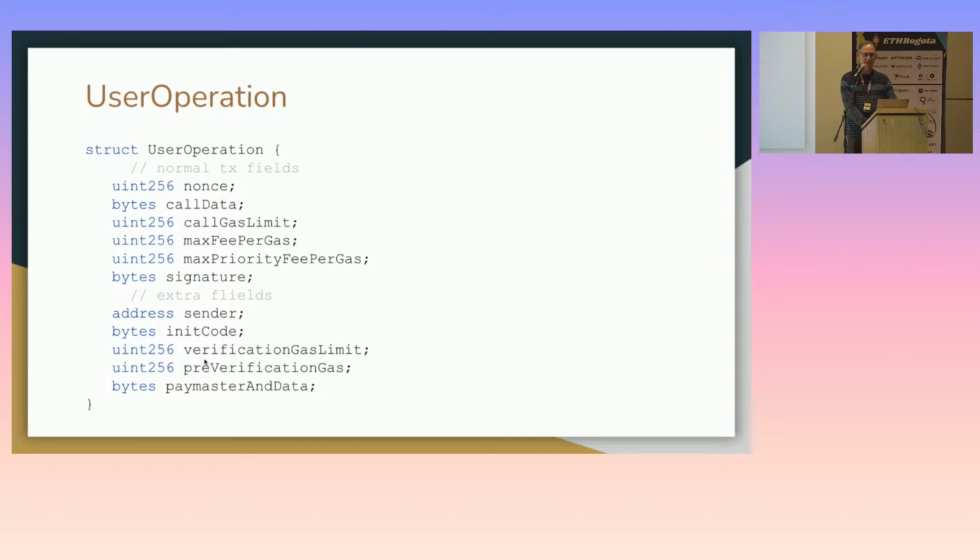We have a verification step, so we have a limit on the gas that the verification step can take. And there is some gas value that has to account for all the things that you can't check on chain, like call data cost, etc. And finally, there's the paymaster information. If there is a paymaster, it will be specified there.